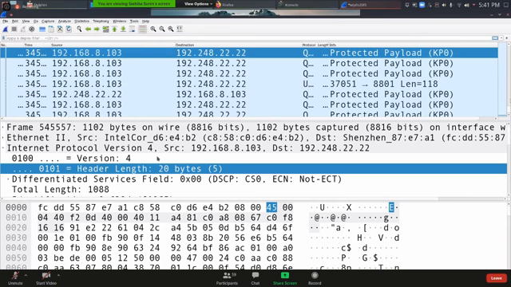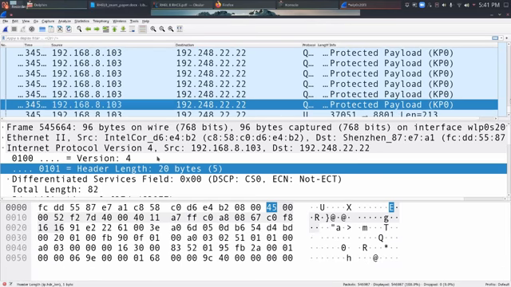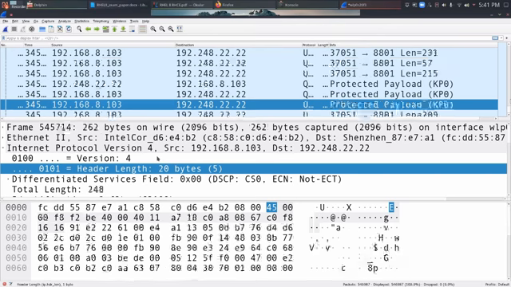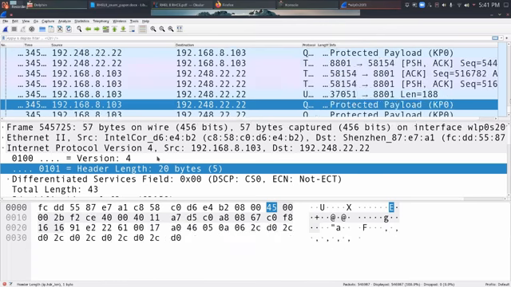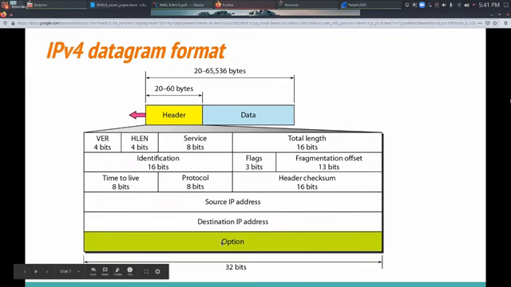But when you are dealing with the IPv4 header, if you look here, there is an extra additional field called options. If you don't have any options, the size is 20 bytes, which includes these header details only, except the options.